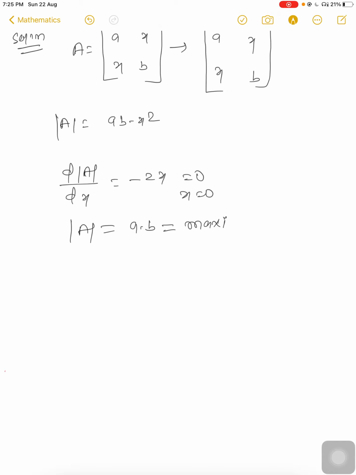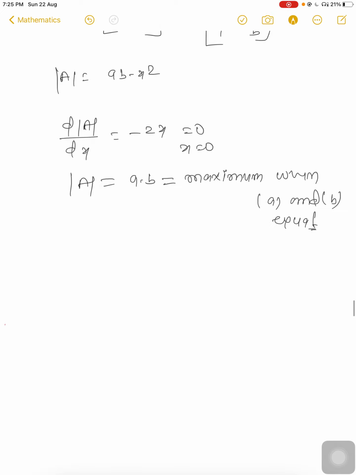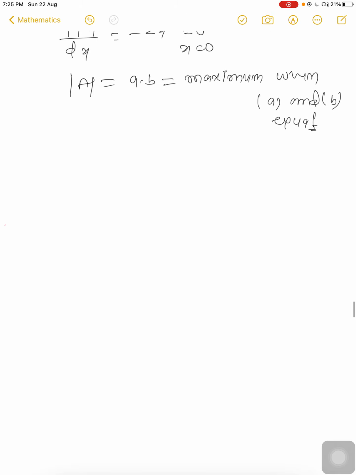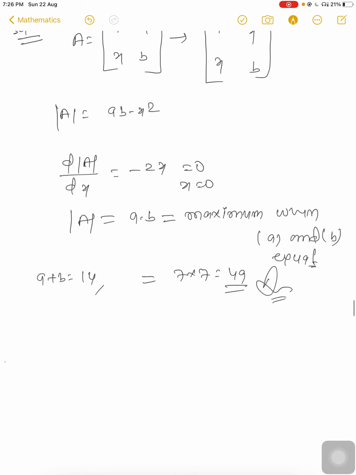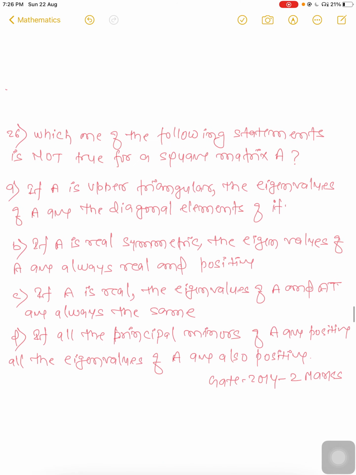Maximum when A and B should be equal. So trace is given 14, means A plus B is equal to 14, and only possible 7 into 7 is equal to 49. Maximum possible is 49.